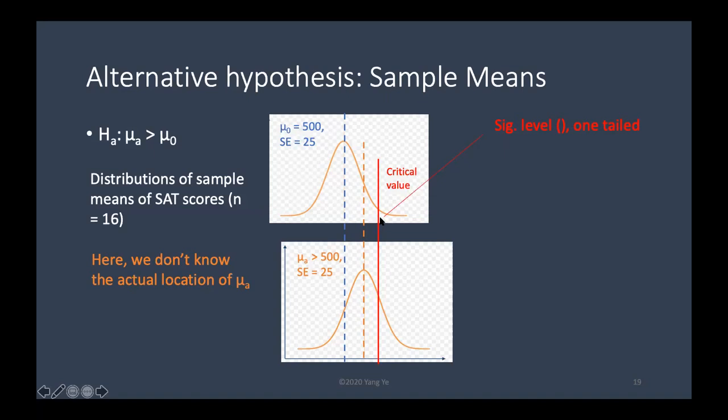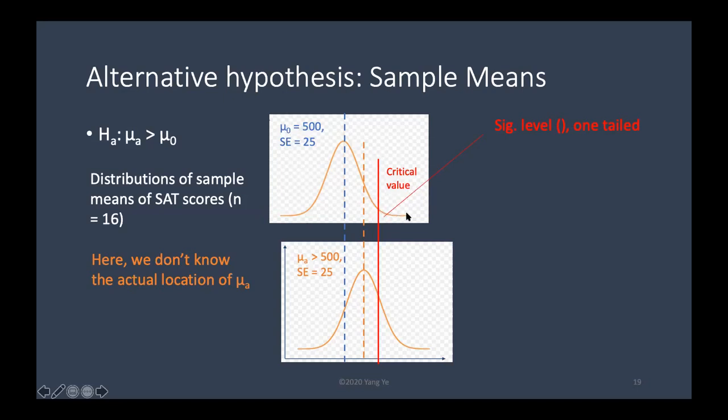This critical value is determined by our significance level. Now notice that the significance level is not p-value, okay? We set that 0.05, it is the threshold of p-value, but it has to be a priori determined. So we can determine the significance level is 0.05. So the area under the red line of the null hypothesis population, okay, is 0.05.